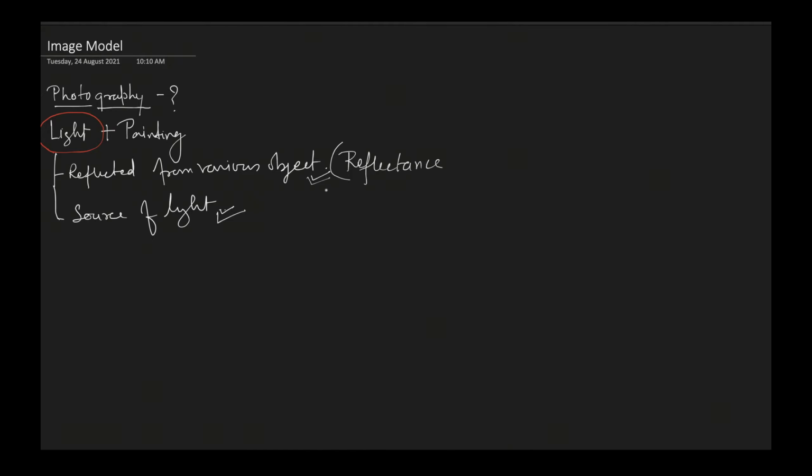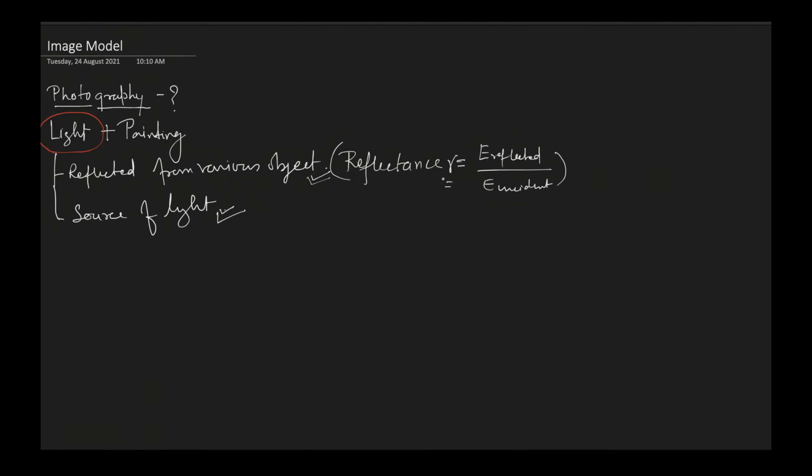Reflectance is typically defined as the amount of light energy reflected divided by the amount of light energy incident. This is the way you define the reflectance. I can write it with a small r. So this becomes one of the parameters.